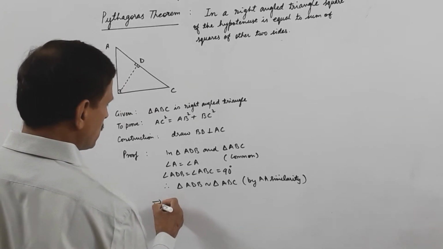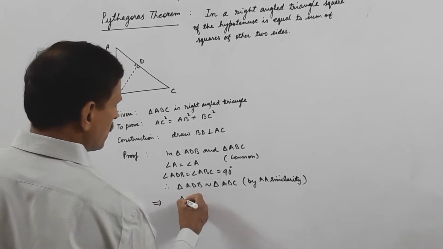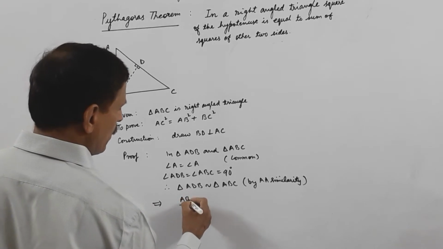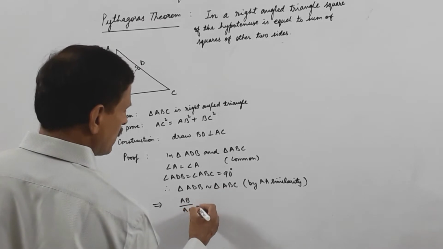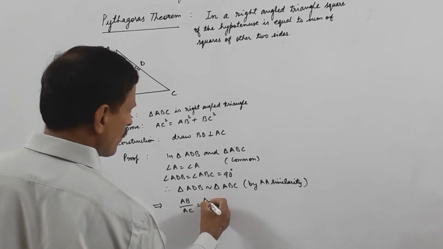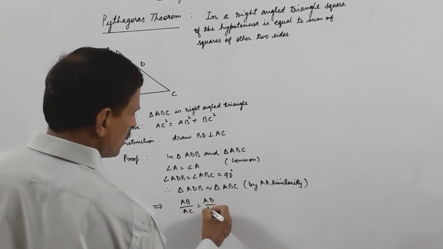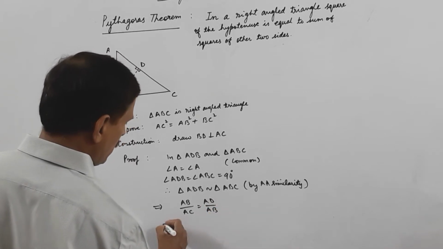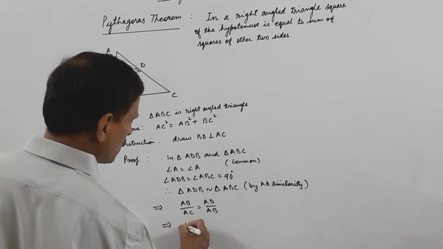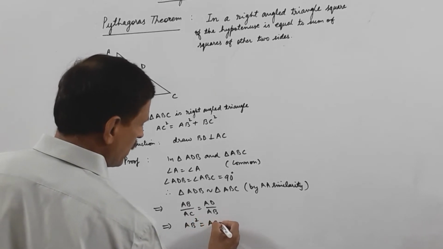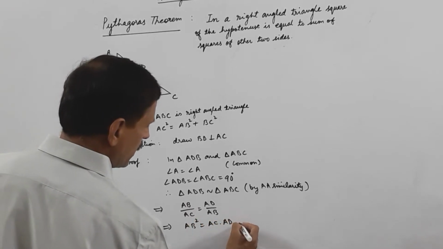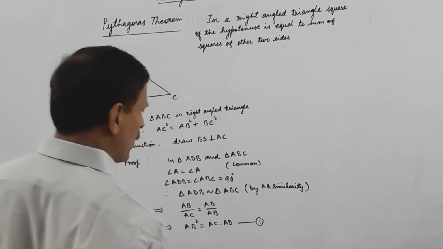It implies that AB upon AC is equal to AD upon AB, which further implies AB square is equal to AC AD. This is 1.